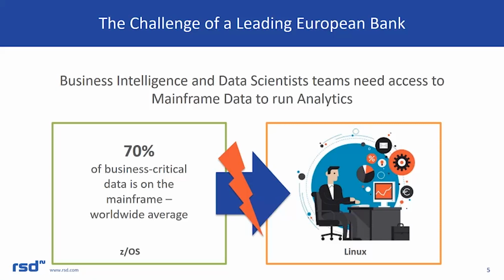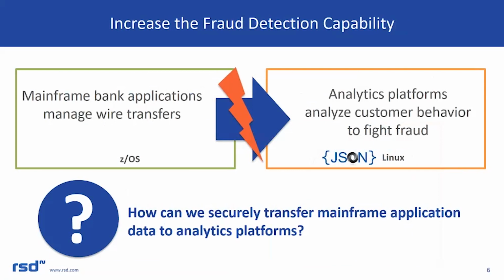Access to this data, or even the sharing of data between mainframe and many BI platforms, is not a typical configuration and presents some interesting challenges. The bank had a specific goal to increase their ability to detect fraud.